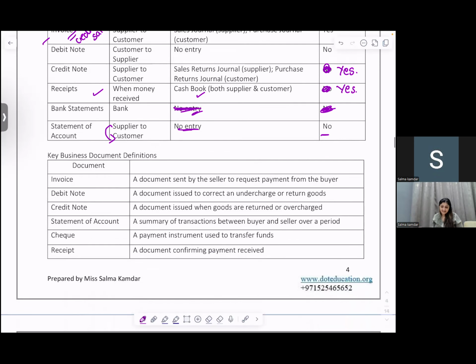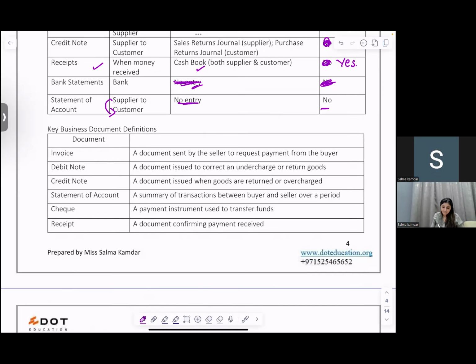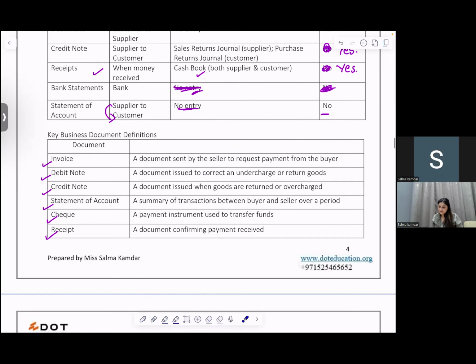So, these are my key business documents: invoice, debit note, credit note, statement of accounts, check, and receipt. You need to know these documents very well. Invoice is sent by seller to the buyer. Debit note is issued by the buyer to the seller for undercharge or if he wants to return the goods.